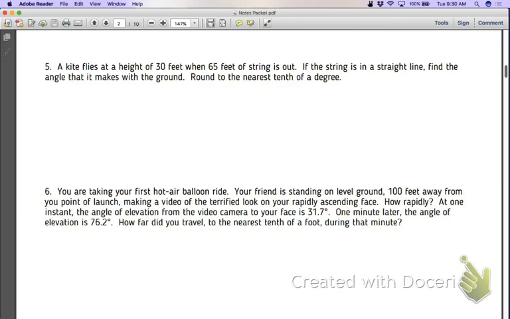So again, I would draw some sort of picture. If you have a kite here and it's on a string down to the ground, and again, it's 30 feet off the ground.